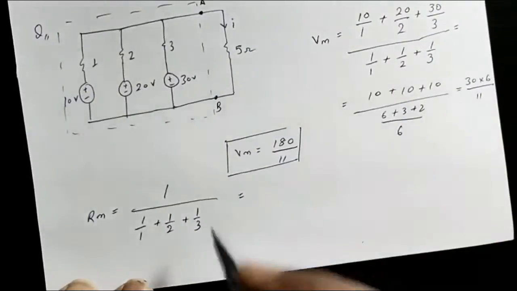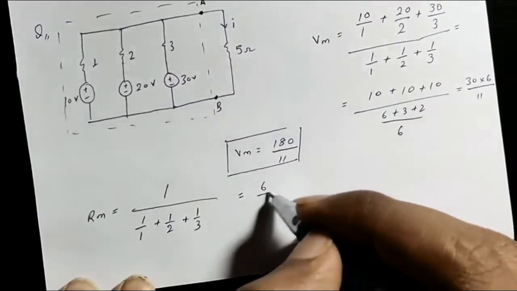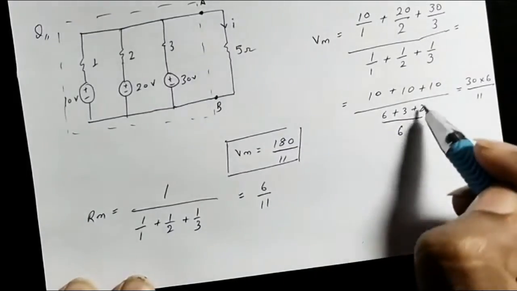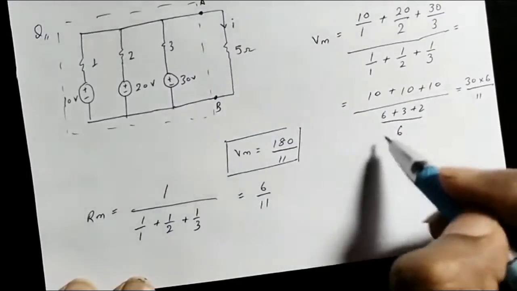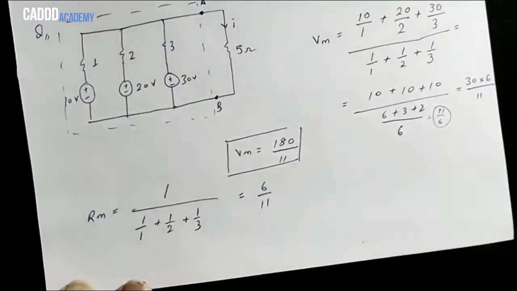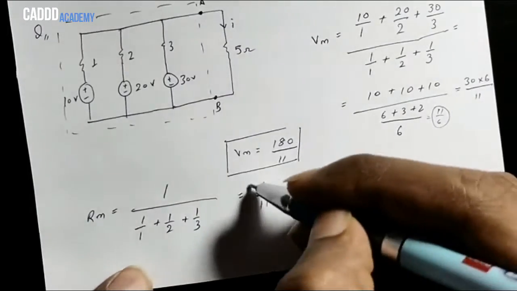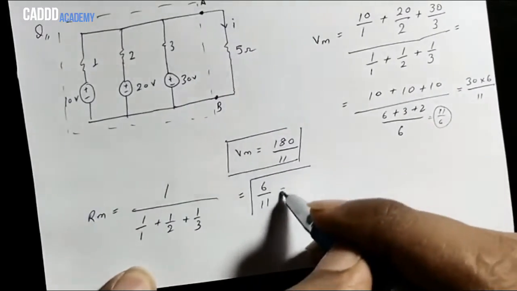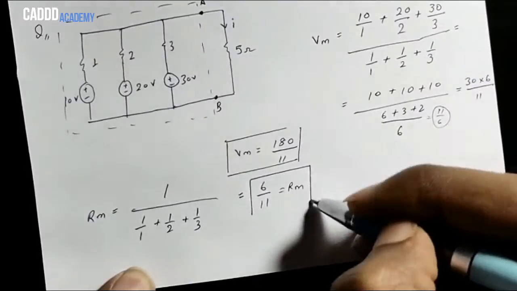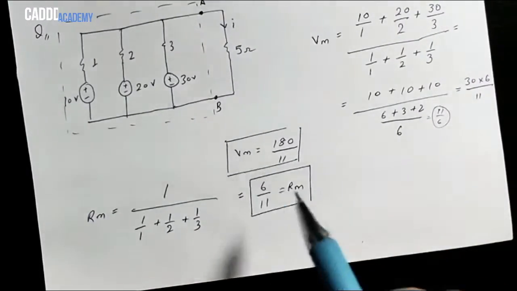Now when we solve this, we get the value as 11 by 6, and we take the reciprocal of this, which will be 6 by 11. So this is the value of Rm.